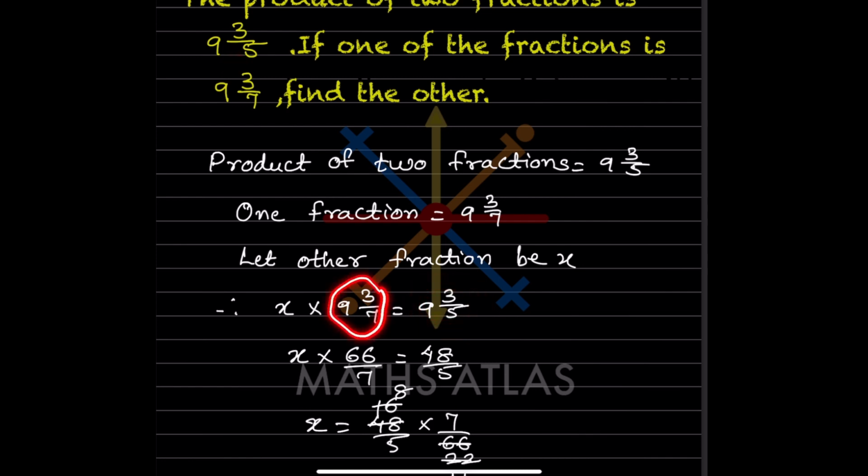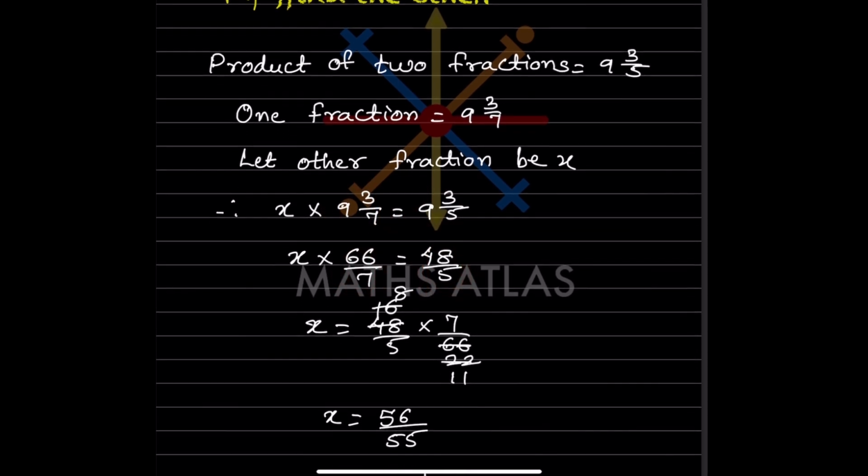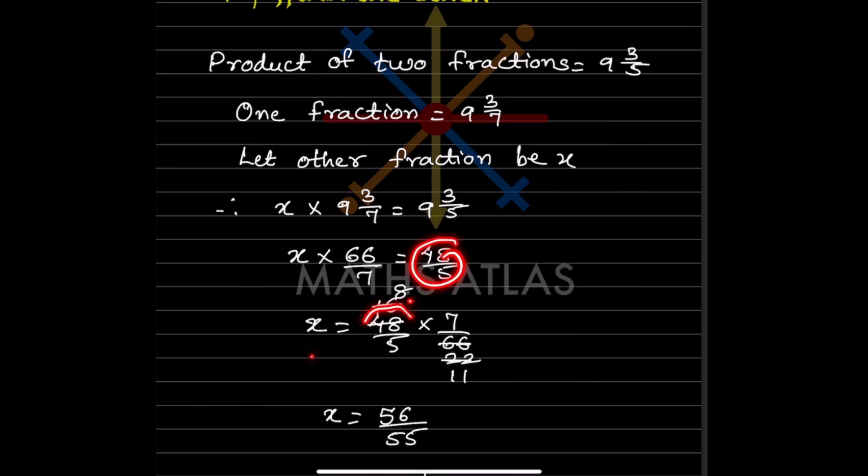Now this mixed fraction you make improper, that will be 66/7. This you make 48/5. So now x is what? 48/5 stays in its place. 66/7 goes on the other side, and it gets flipped over, that will be 7/66. So when you simplify this, 2 11s are 22... sorry, that will be 3 22s are 66, right?